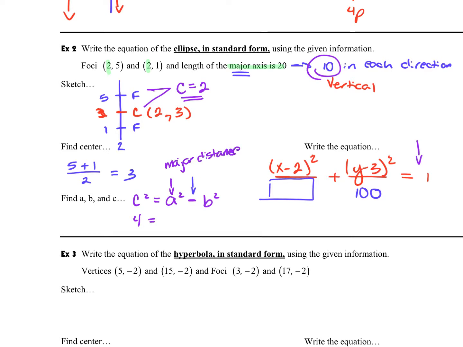And then we're going to square that. So that's going to give us 100 right here, minus b squared. And now we can see that our b squared value is going to be 96. And that value is the value that is going to go underneath the x. So this will be then a 96.